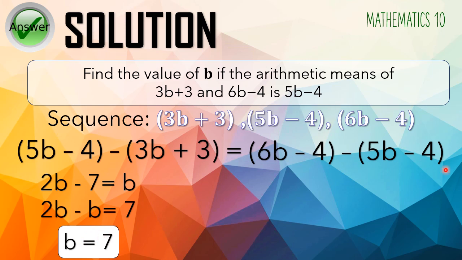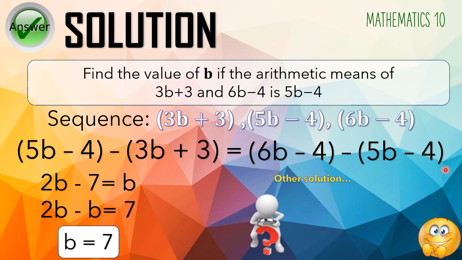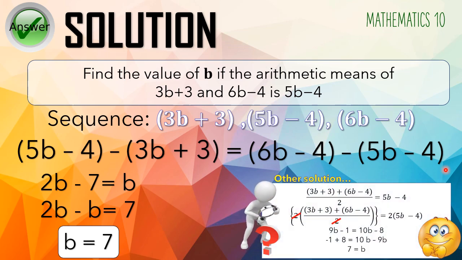Okay, so I'm going to show you another solution. This is quite an application of our concept about average a while ago. So we all know that if we are going to add 3b plus 3 added with 6b minus 4 divided by 2, this would be the process on how we are going to get the average or the arithmetic mean, right? So we combine the pair of terms given and divide by 2.